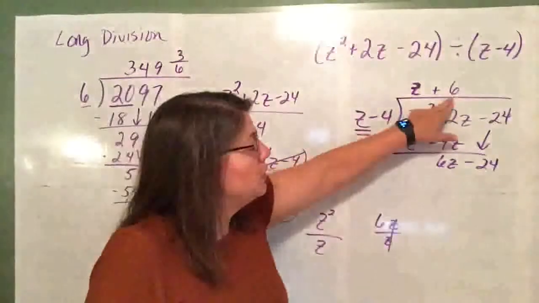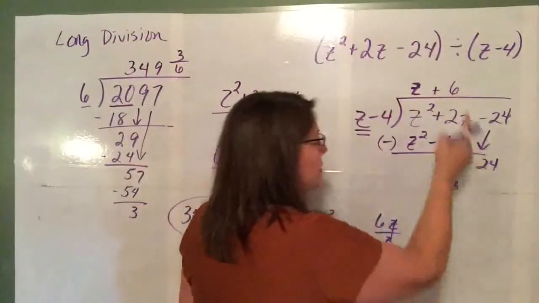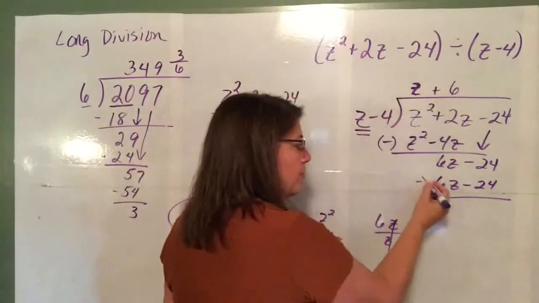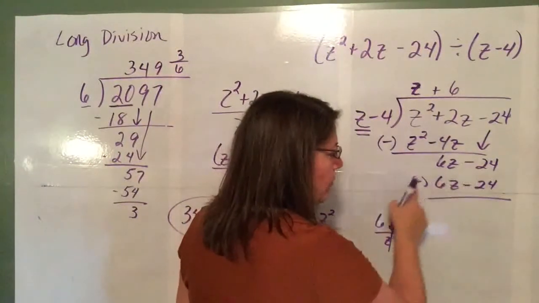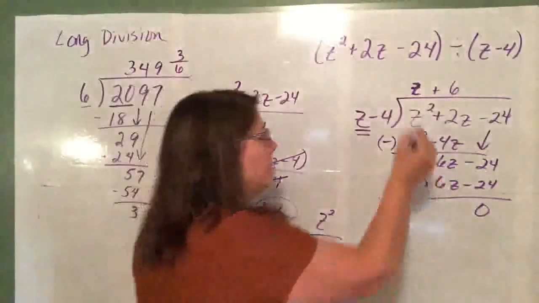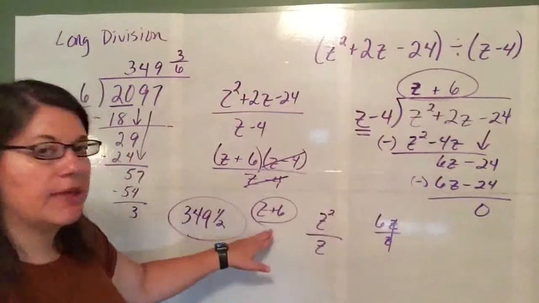Then I'm going to distribute. So 6 times z is 6z. 6 times negative 4 is minus 24. I'm going to subtract. 6z minus 6z is 0. Negative 24 minus negative 24 is 0. My remainder is 0. My answer is z plus 6, the same thing we got here.